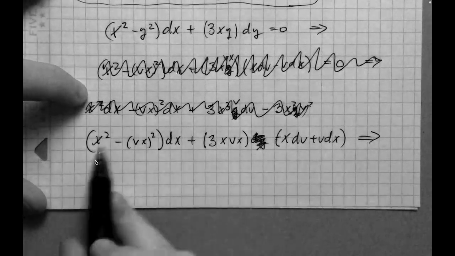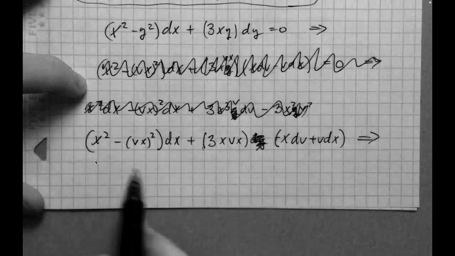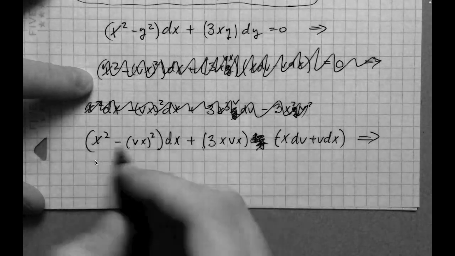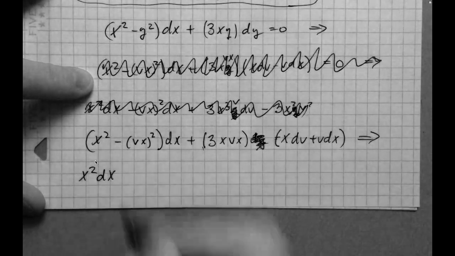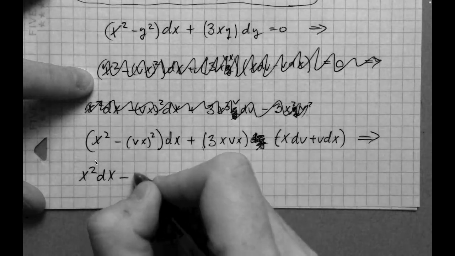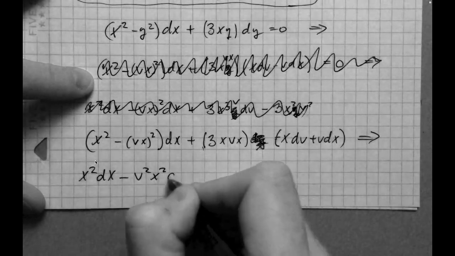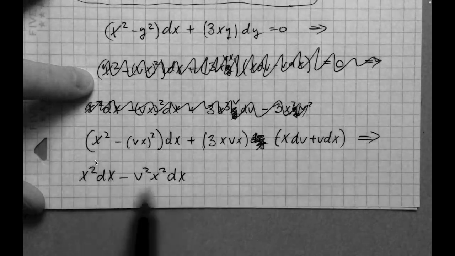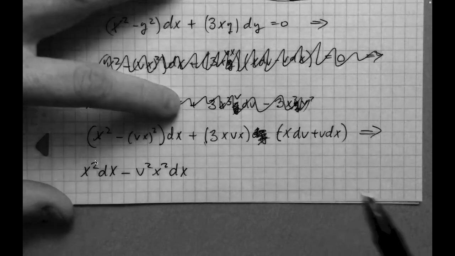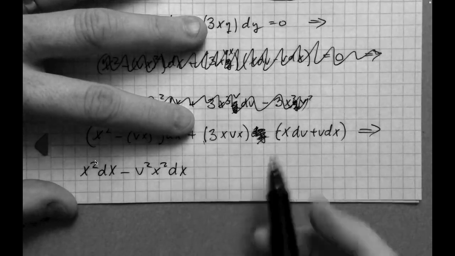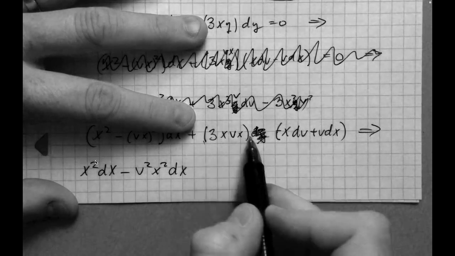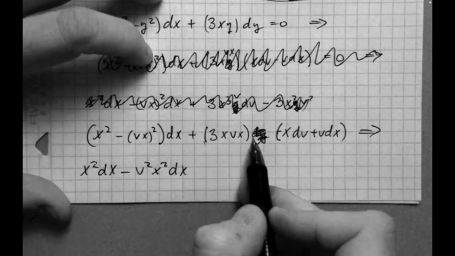So, okay, now we go ahead and do the expansion, right? So this would be x squared dx minus v squared x squared dx, right? So that's just this piece. Expand it all out, distribute, and then this piece here. So this is really 3x squared times v.